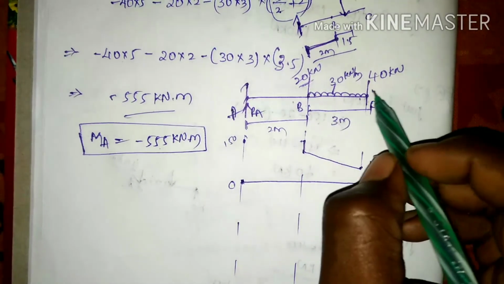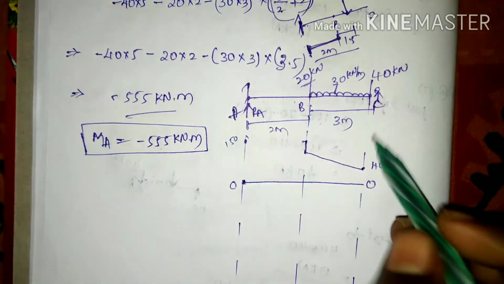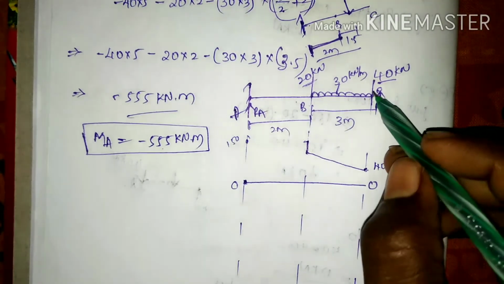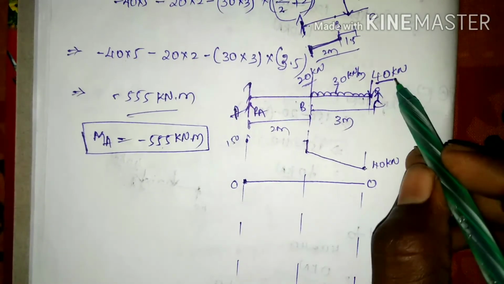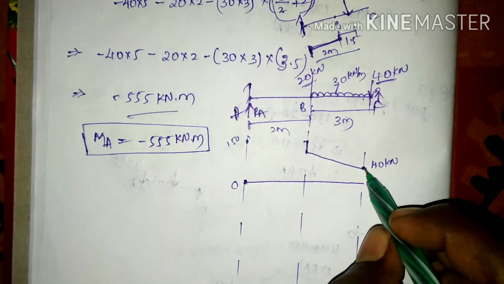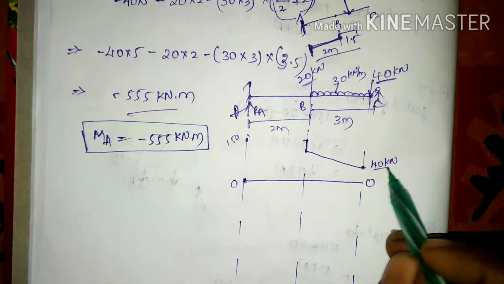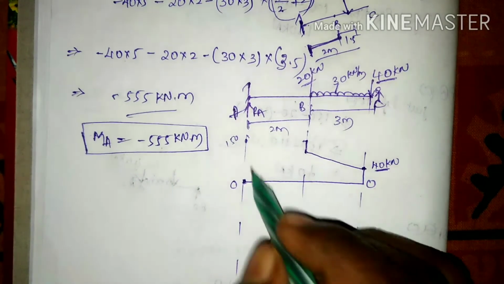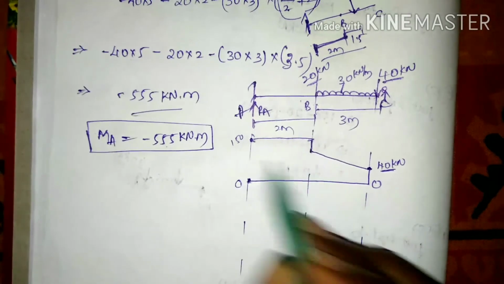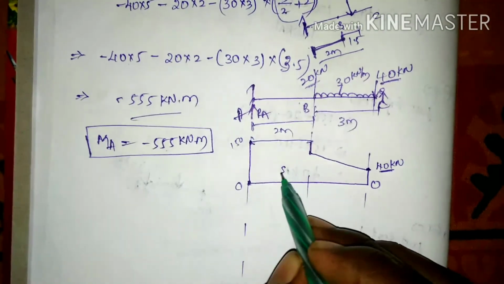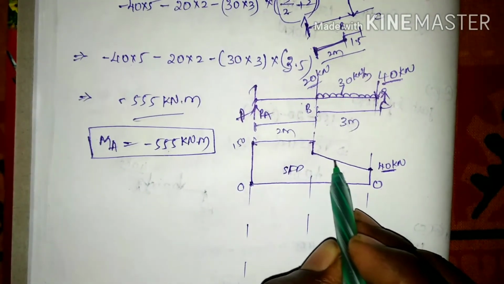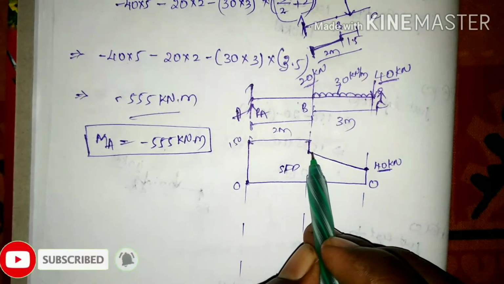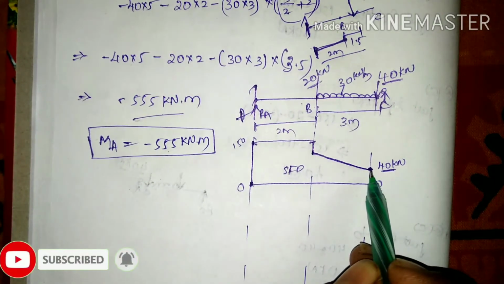And thereafter, when I am going to the right of the C, I am going to find a downward force, that is a point load of 40 kilonewton, and with this load the remaining load is going to get to 0. The shear force diagram will be like this. This is inclined because of the uniformly distributed load, so this is uniformly varying throughout the inclined line.